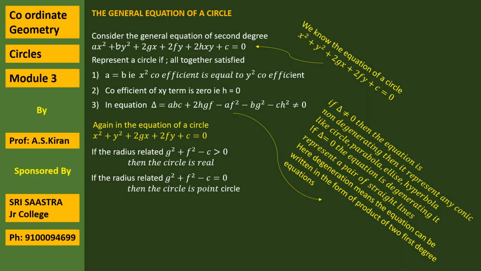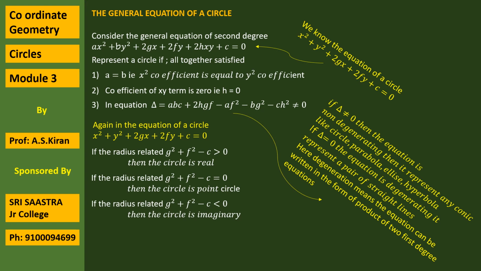If the radius related term g square plus f square minus c is equal to 0, then the circle is a point circle. Why is it so? See, circle is a circle, but we are getting g square plus f square minus c equal to 0. What I mean to say, the radius is 0. If the radius is 0, then the circle becomes a point.